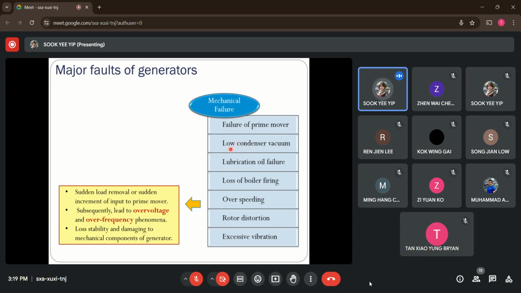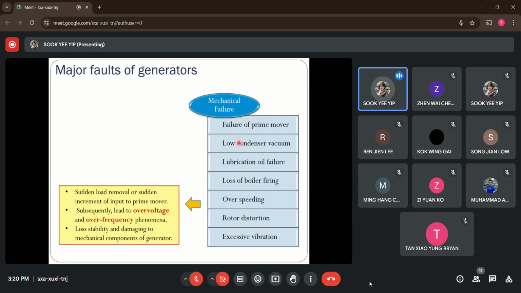We have a low condenser vacuum situation, or probably lubrication oil failure, or even loss of boiler firing, which means that the boiler is no longer working, no steam is being generated, so no movement coming from the prime mover. That is considered a mechanical problem, all right?